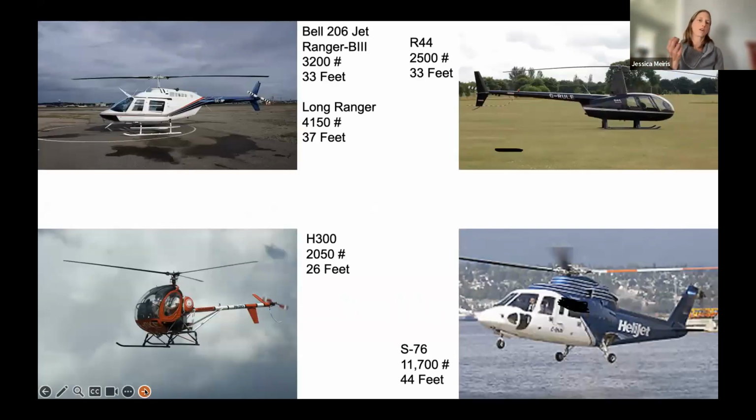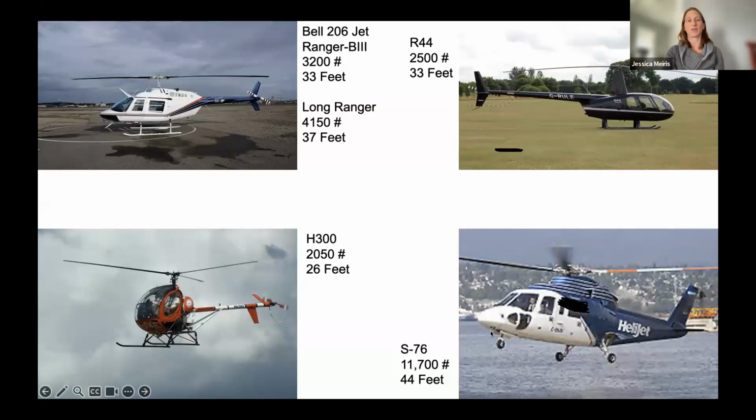Where we want to start is looking at a variety of different helicopters, their weights, and their rotor disc diameters. The most common helicopters you might see in the utility environment, flight instruction, and training are relatively light, let's say 5,000 pounds or less, with a rotor disc diameter of around 30 to 35 feet. It's the larger helicopters that could have an even bigger impact.